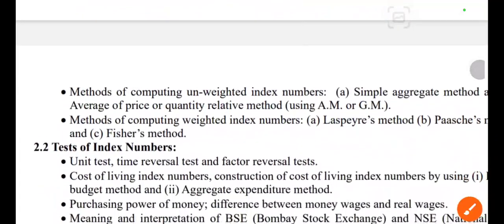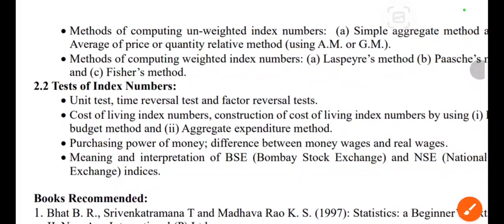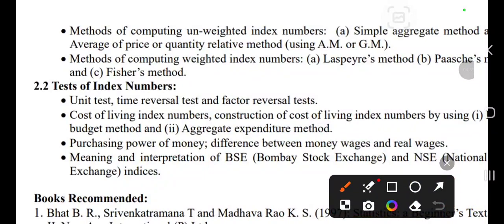And how to measure these unweighted and weighted index numbers. For computing unweighted index numbers, we have the simple aggregate method and the average of price relative method, and for computing weighted index numbers, we have Laspeyres' method, Paasche's method, and Fisher's method.